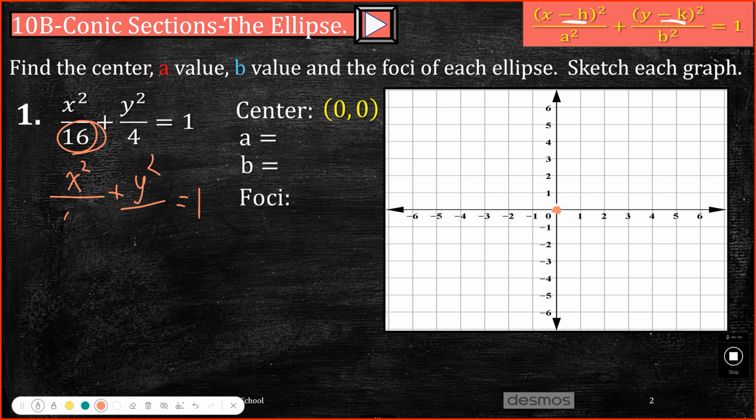And then this one is going to be B squared. So how do we write this? 2 squared. Okay, so, well, what's A? A is 4. B is 2.